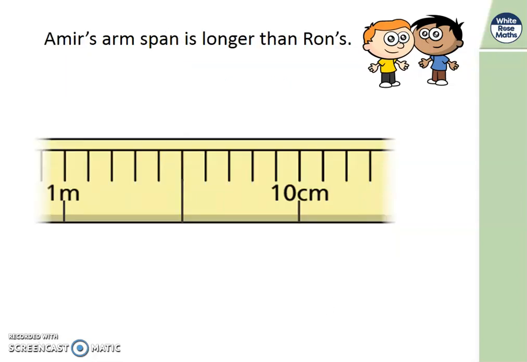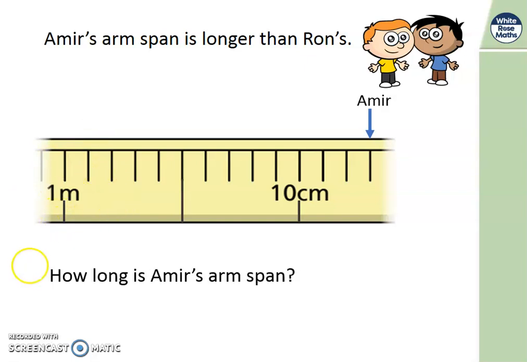Amir's arm span is longer than Ron's, from this hand to this hand. And it goes all the way to here. Can you work out where that is? Well, we can see on here that here is 1 metre and here is 10 centimetres.